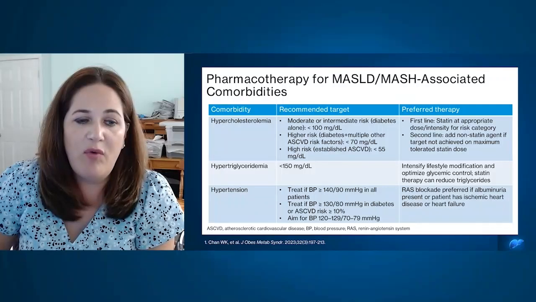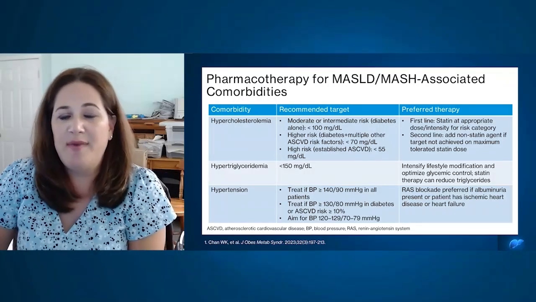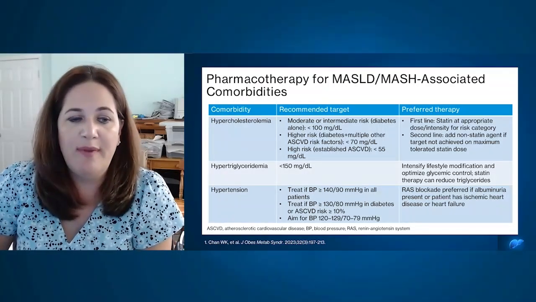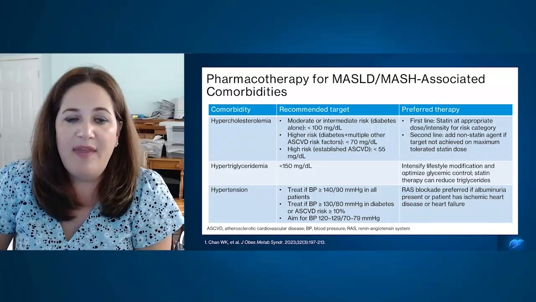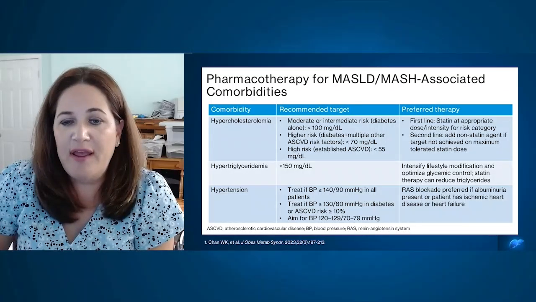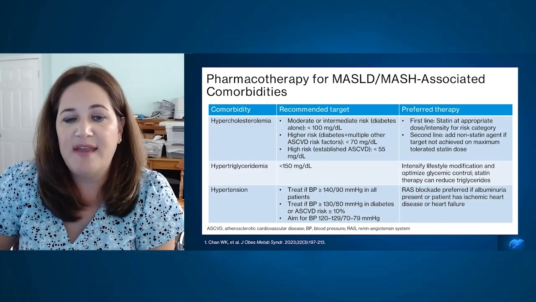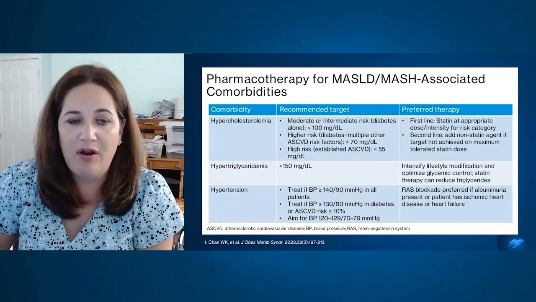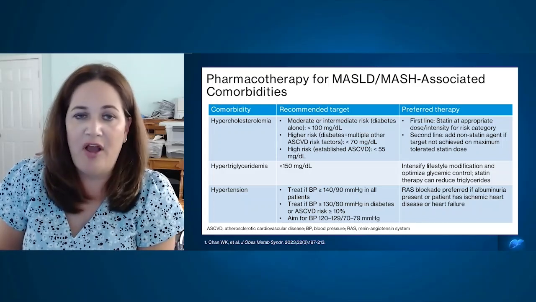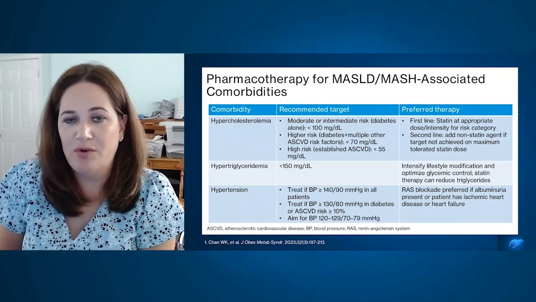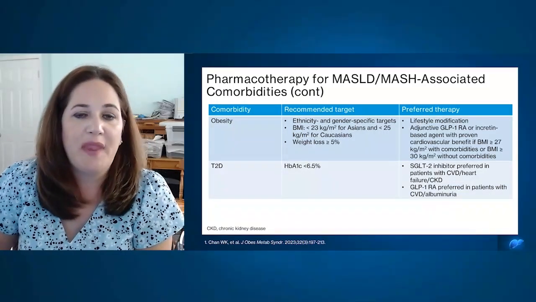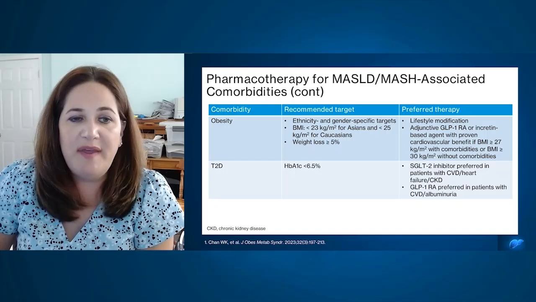If it's greater than 130/80 and there's diabetes, we want to put them on treatment a little bit sooner. And RAS blockade is preferred if albuminuria is present or if the patient has ischemic heart disease or heart failure. So again, we want to make sure all of these are under optimal control in order to control the fatty liver disease. The next one would be obesity.